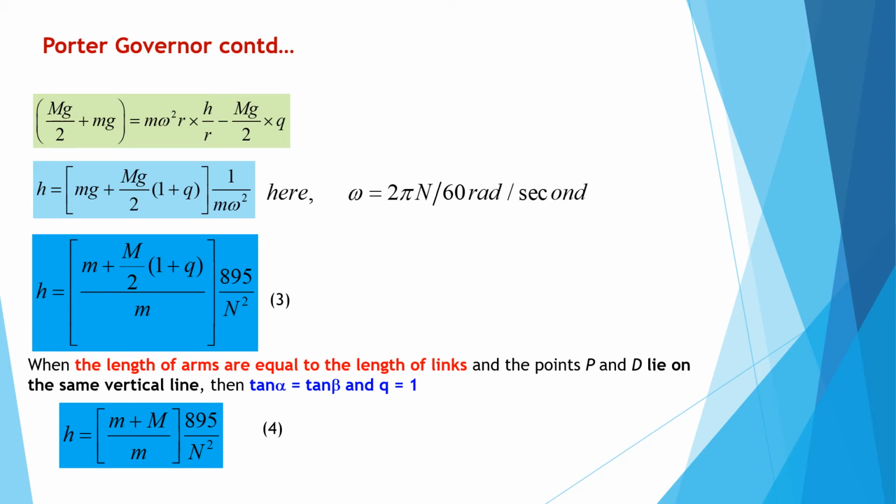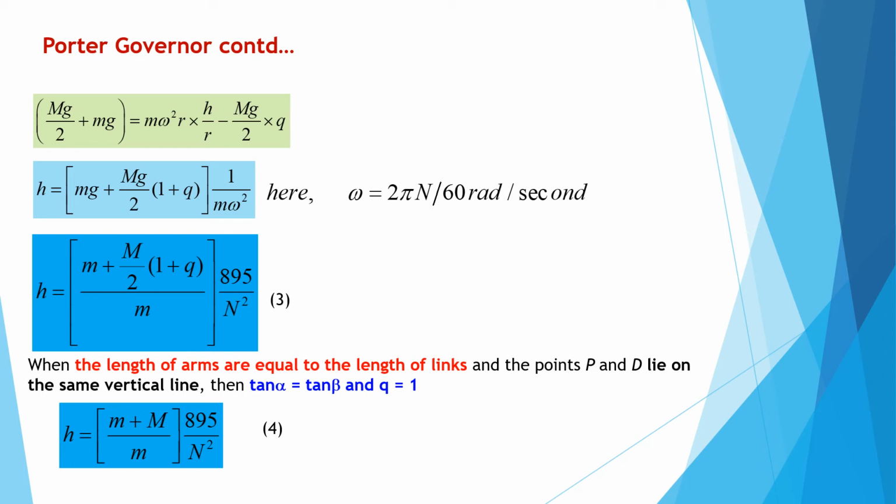So in the central Watt's governor, we have height equal to 895 divided by speed square, and this factor, small m plus capital M by 2 into 1 plus q divided by small m, is the additional factor. This capital M is the central loaded mass to increase the limitation of the governor.